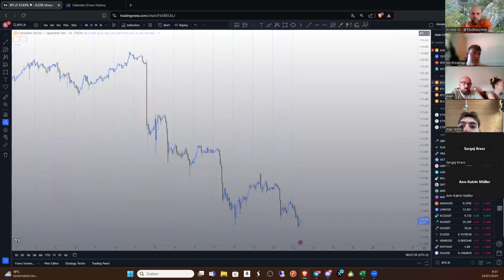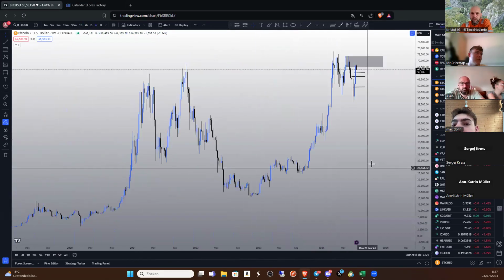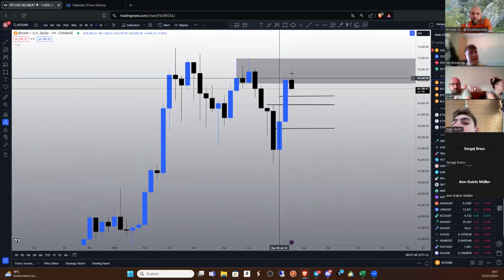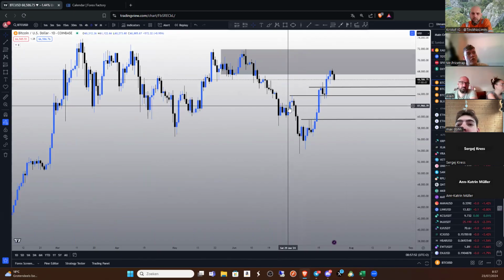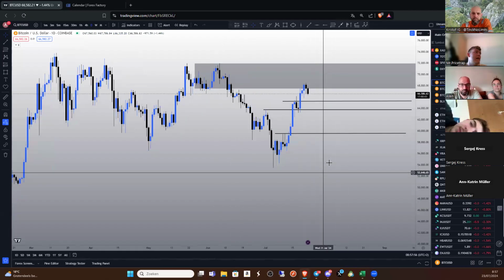Good. Let's close off and take a look what happens on the Bitcoin chart. There's not really a lot that happens, not really a lot that has changed. We are in our supply zones, like I said. I was first looking for this one, of course, that was the first point of interest. Right now, we are really at these weekly supply zones.